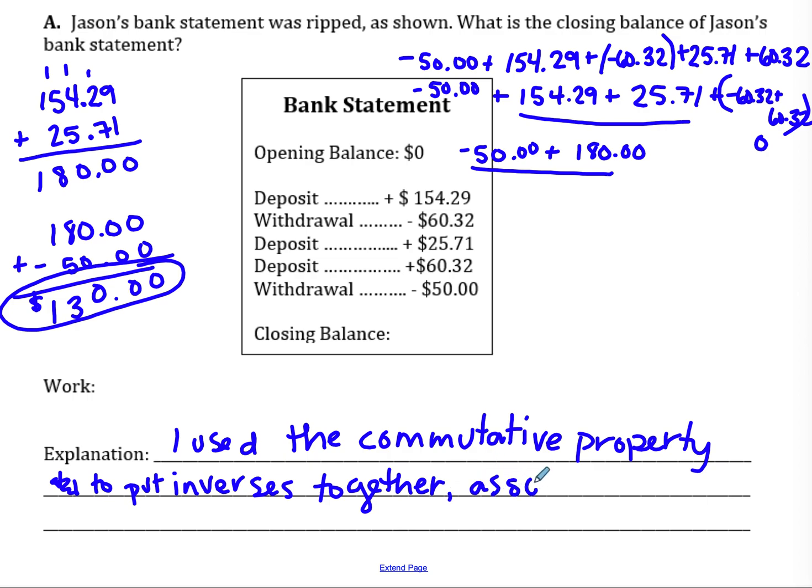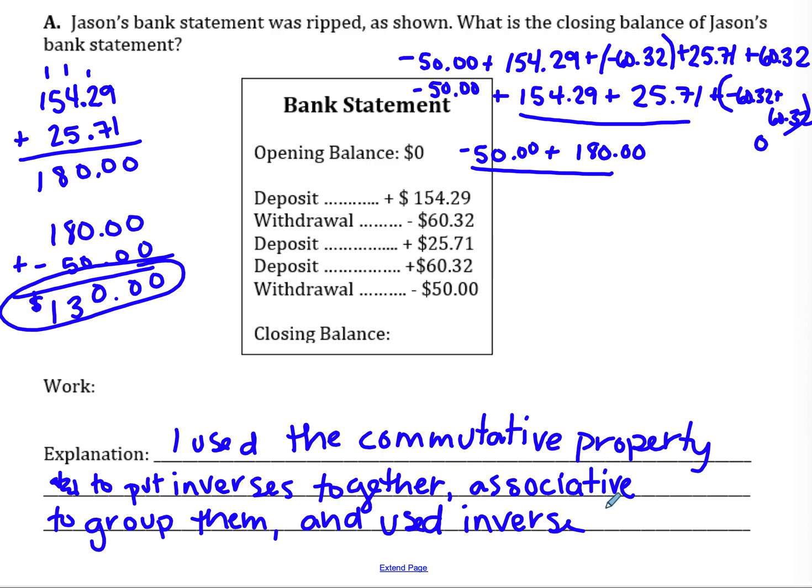Associative to group them, because I put them at the end. And used inverse to cancel them out. Then I added the rest of the numbers.